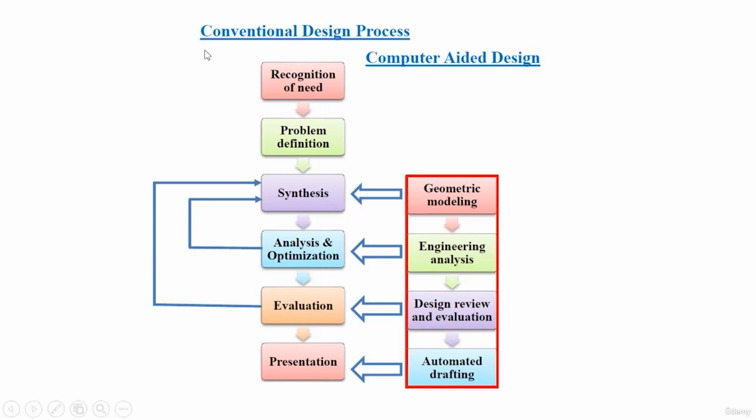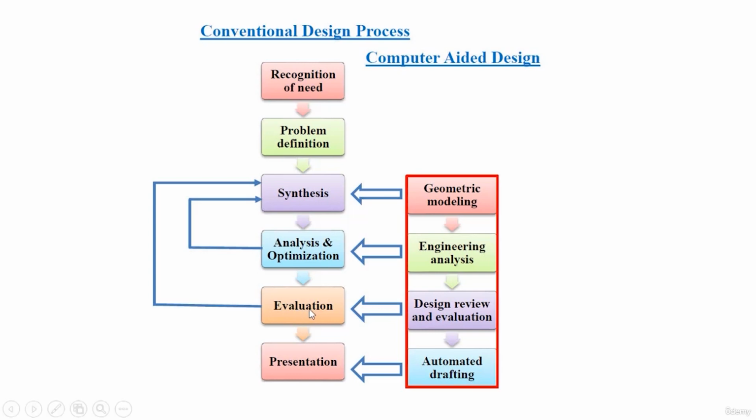Then we can also do analysis and optimization by engineering analysis. We can use different analysis software like ANSYS and Hypermesh for structural analysis or thermal analysis. Different types of analysis can be done to check the failure of the product.